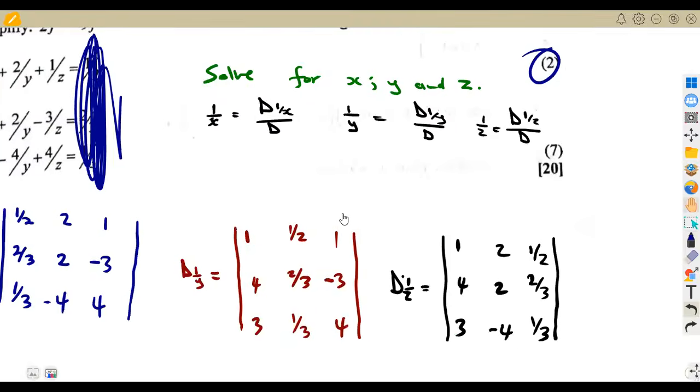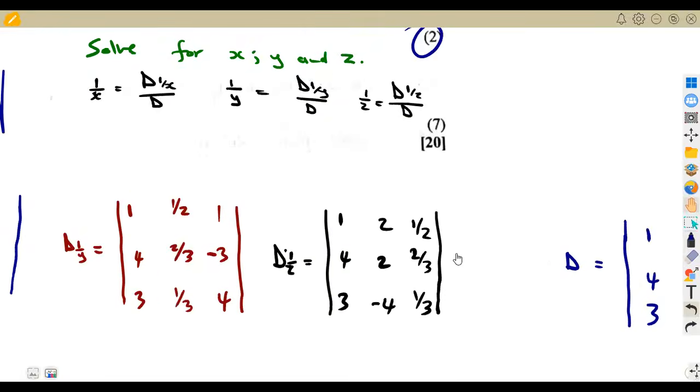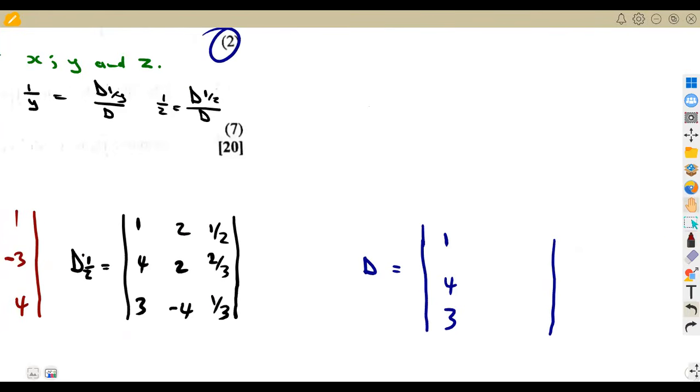The part of y also as it is, which is 2, 2, minus 4.